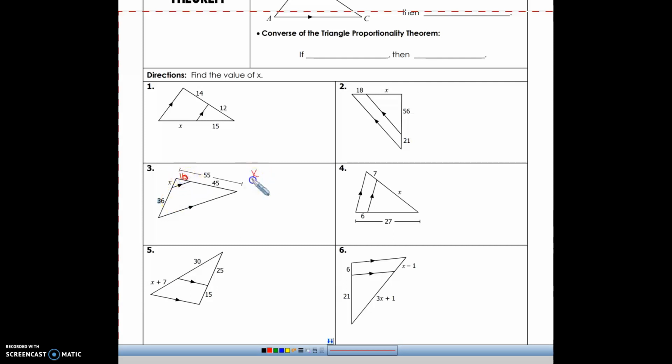It would be X over 36 is going to equal 10 over 45. I'm again going to cross multiply. 45X equals 360. Divide by 45. So 360 divided by 45, X is going to be 8.